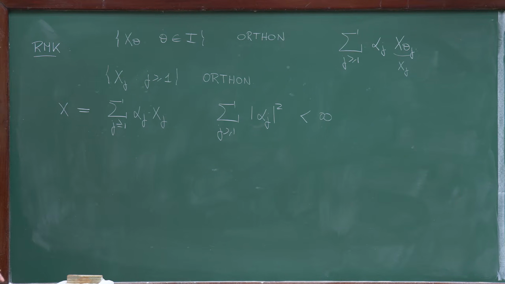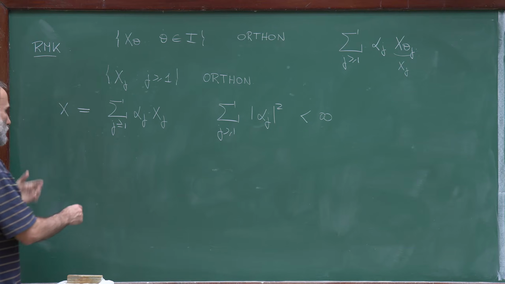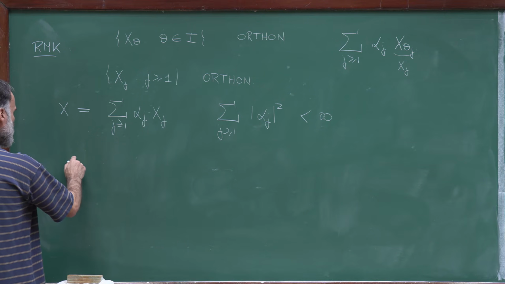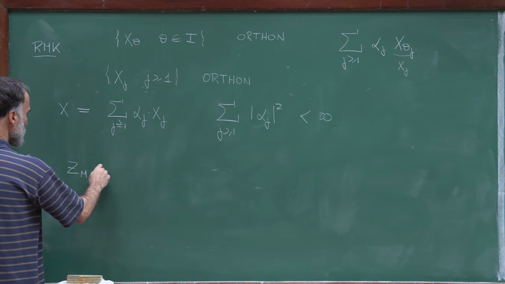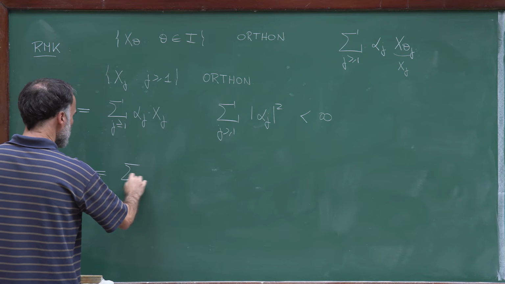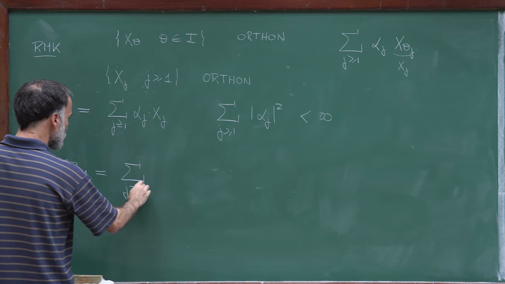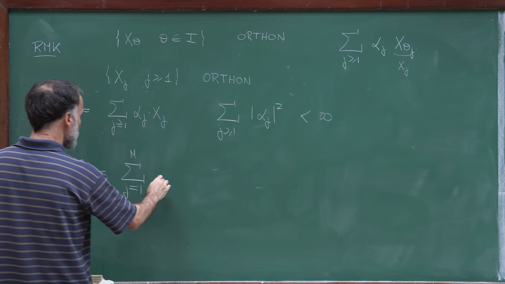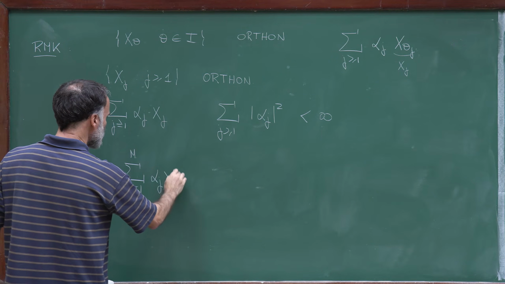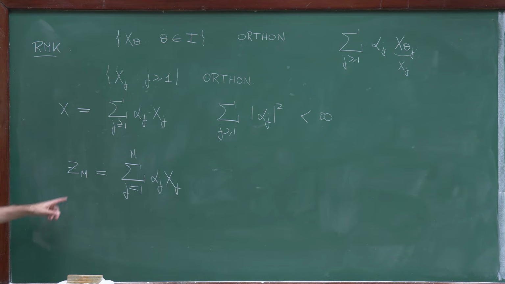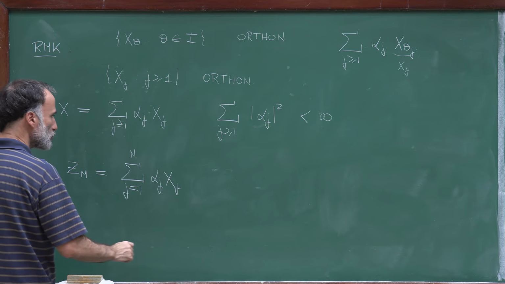And the way we do that is by showing that this family, let me call Zm the finite sum up to m, a sum from 1 up to m of alpha j xj, I want to prove that Zm is Cauchy.